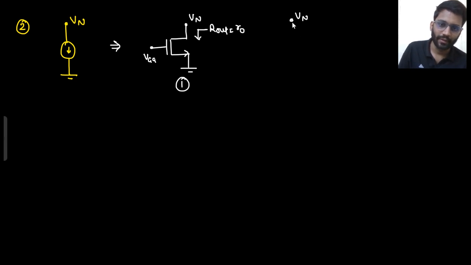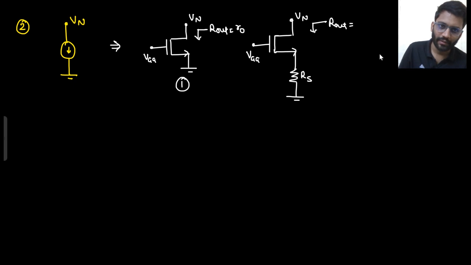That was R0 only. Impedance from here is GM R0 RS. Right? So this was the second one.